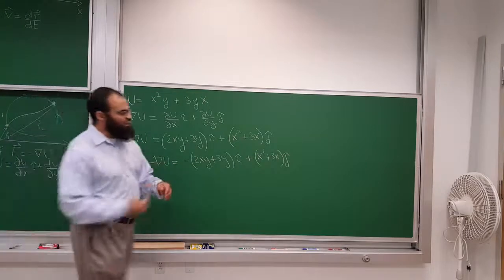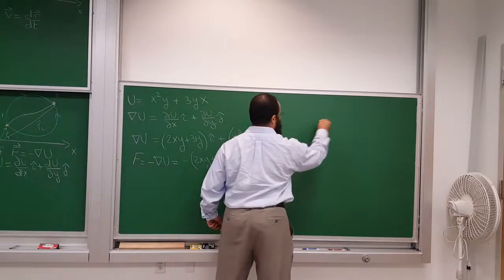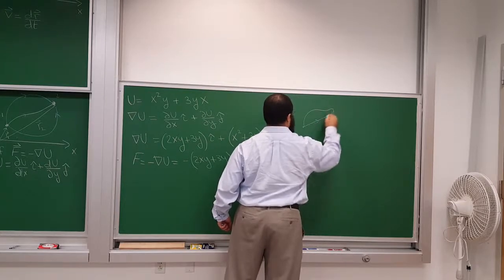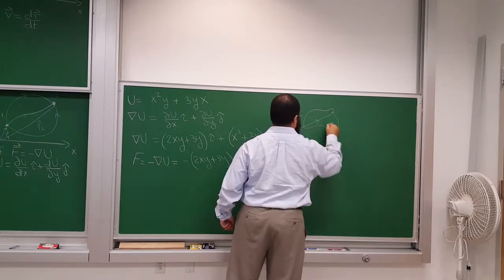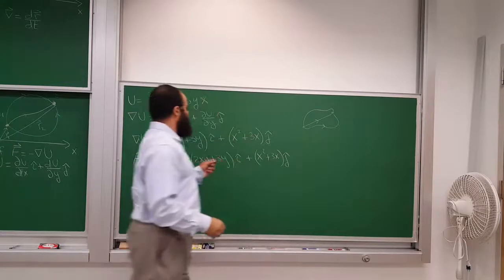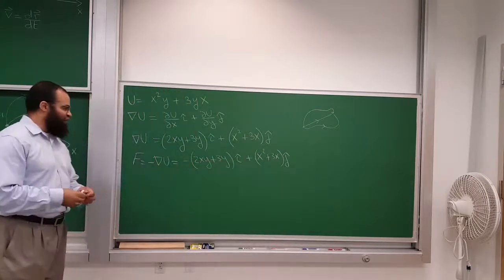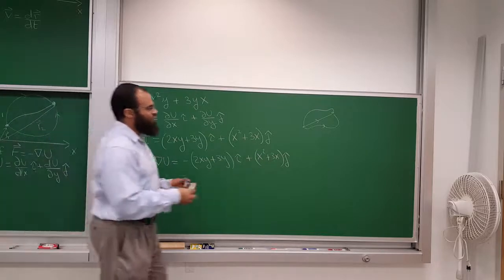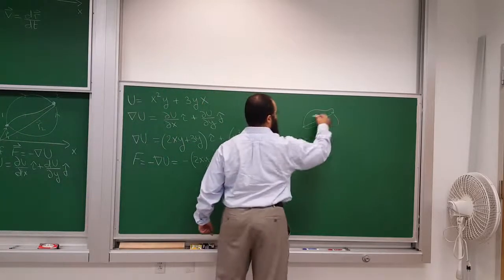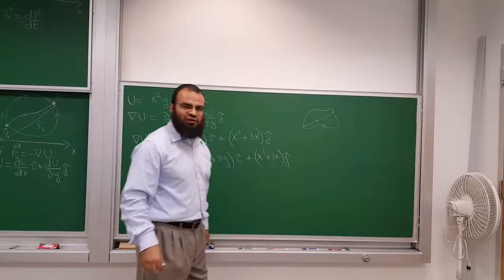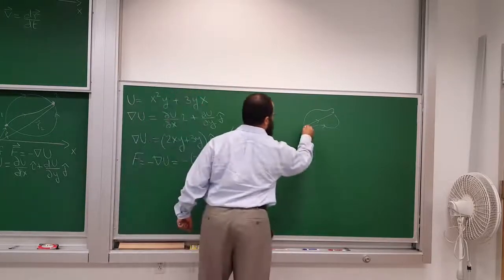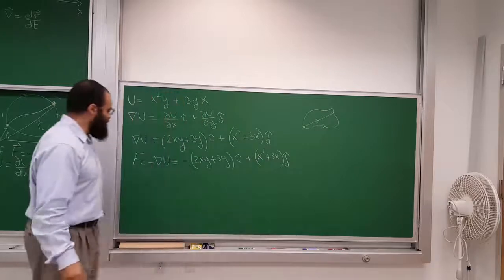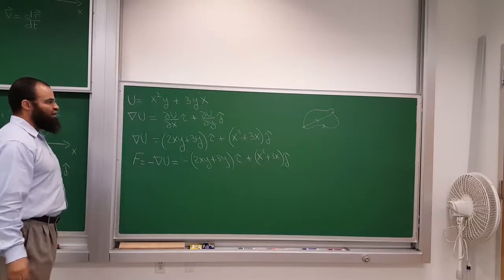It does the same amount of work if I go from here to here along this path, or along this path, or along any other path. It will give me the same amount of work regardless of the path taken. That's called a conservative force. Another way to view it is that it does zero work if you go on a closed path. If you go from here and come back to the same point, it does zero work.